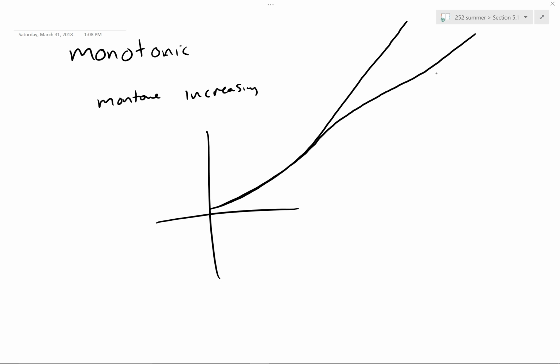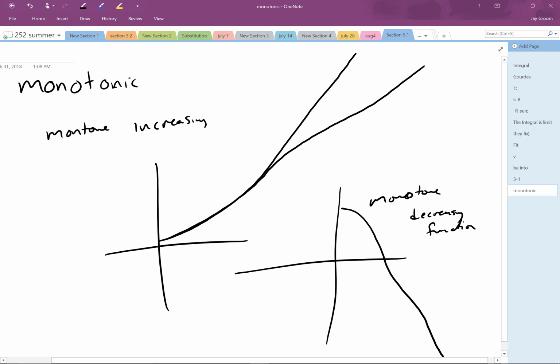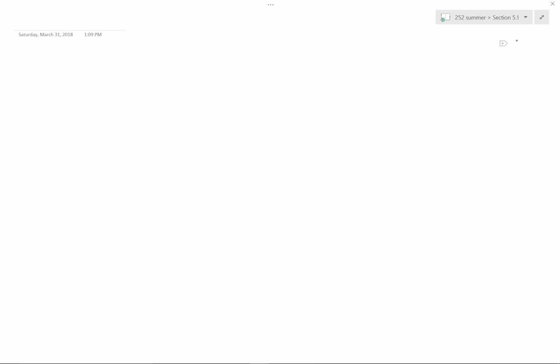They never turned and came back down. This one here is monotone decreasing. Never did it ever head back up. Ever. So this is monotone decreasing functions. And that's just something that they mention in this section. I think it's kind of a big deal, but it's not that hard either.